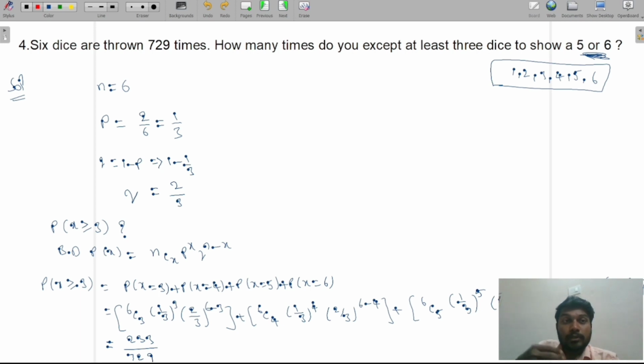But I'm throwing those 6 dice 729 times, right? Then can I say multiply this probability with 729? Yes, we have to multiply that probability with 729. Then we'll get the required number for 5 or 6 by throwing 6 dice 729 times.